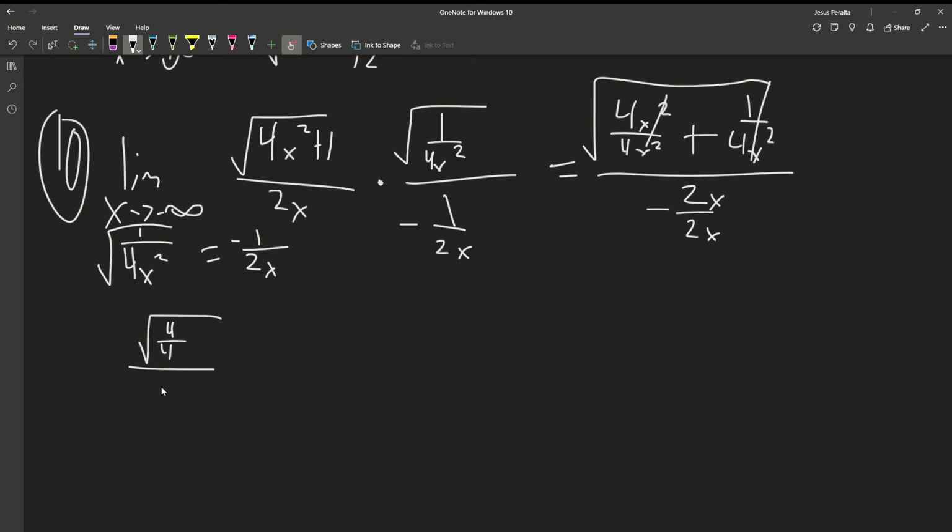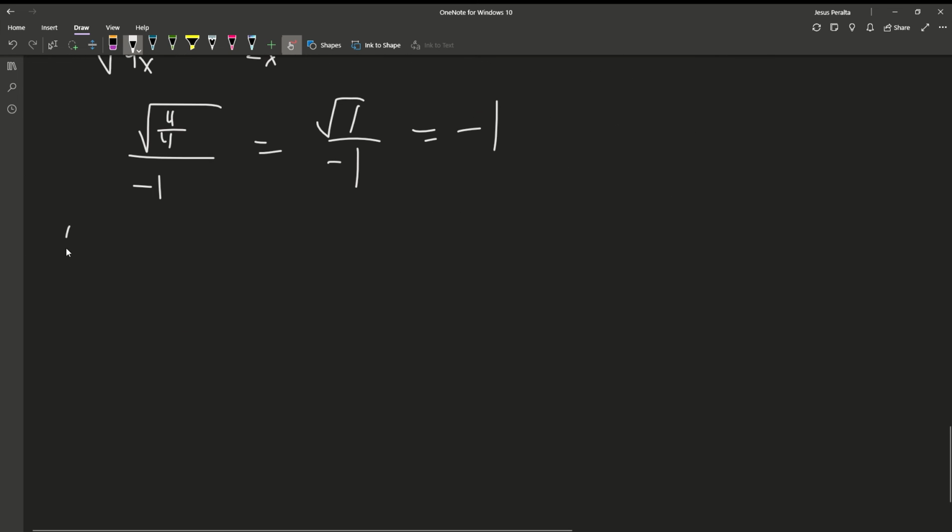Then negative 1, because 2x over 2x is 1. And that's negative. And then the square root of 1 over negative 1. That should be negative 1, if I'm not mistaken. For number 10, yes, that is correct. Number 11.